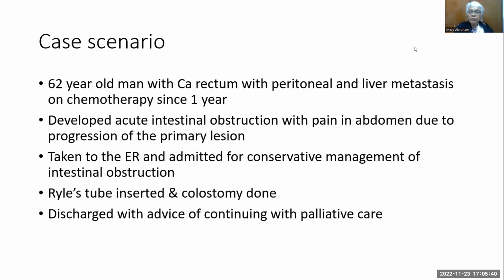He was taken to the emergency room and admitted for conservative management of intestinal obstruction. A Ryle's tube was inserted and a colostomy was done. After stabilizing him with fluids and antibiotics, he was discharged with the advice of continuing palliative care treatment at home.